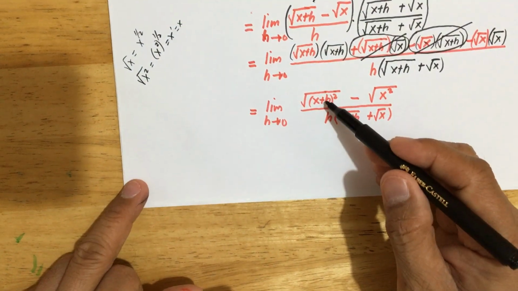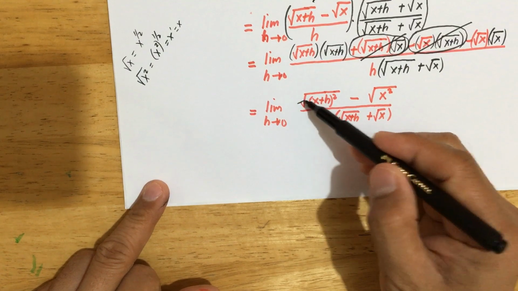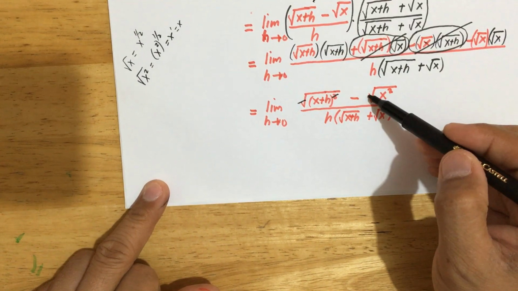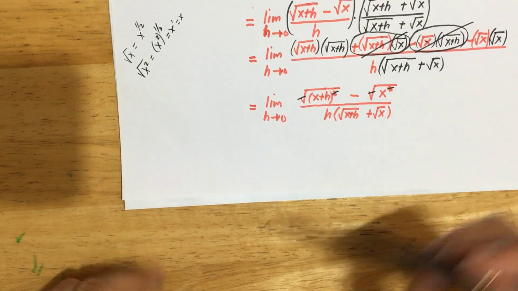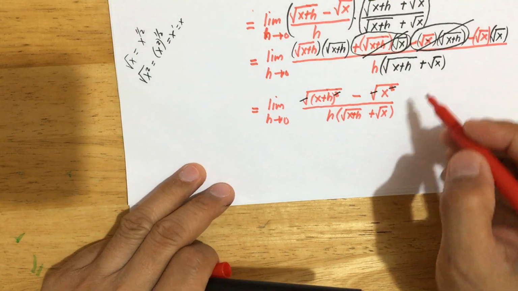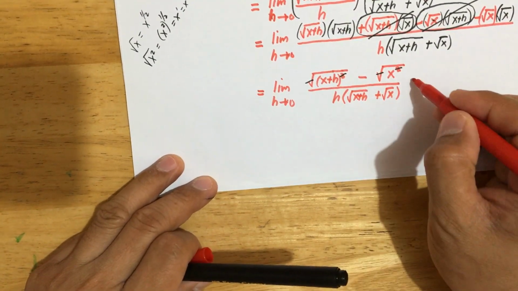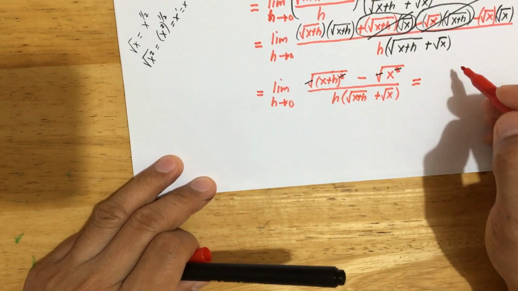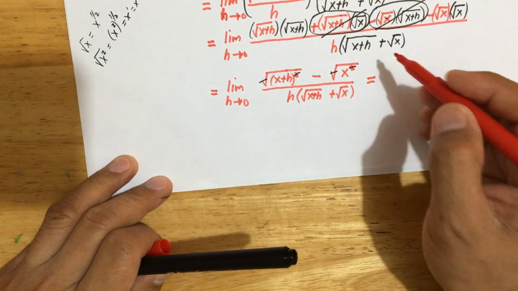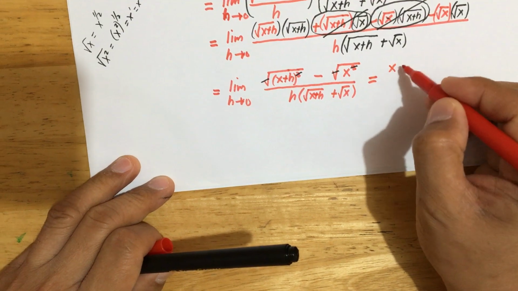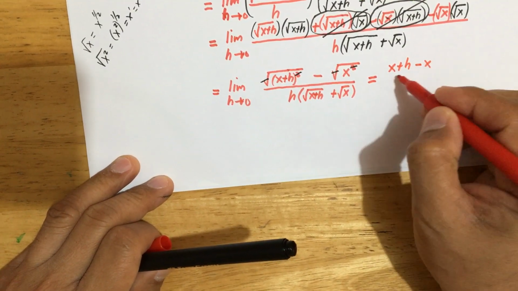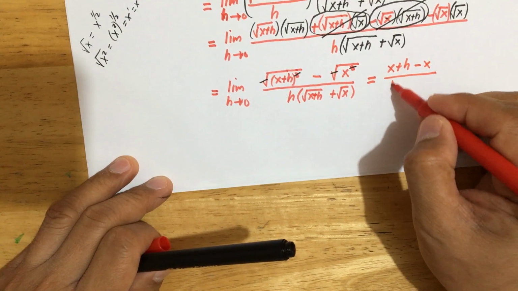Similarly, we can do it here. The index here is 2 and the exponent is 2. So what is left at the numerator? I'll put the equal sign here: equal to x plus h, then minus x, divided by h.